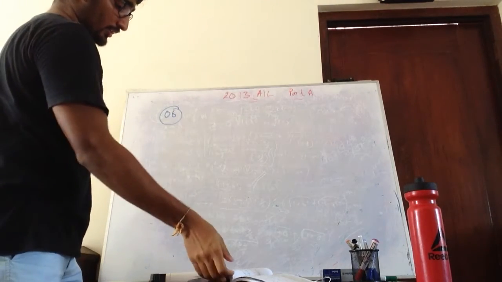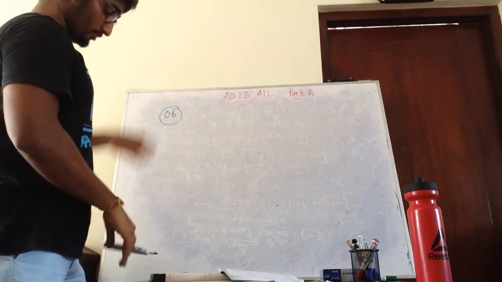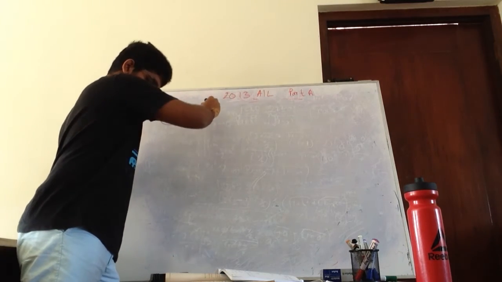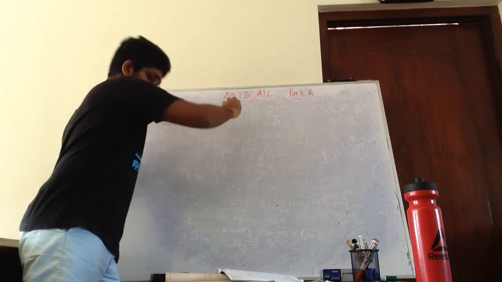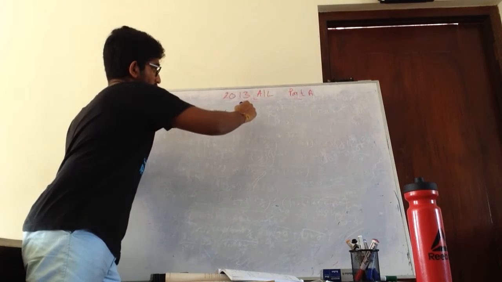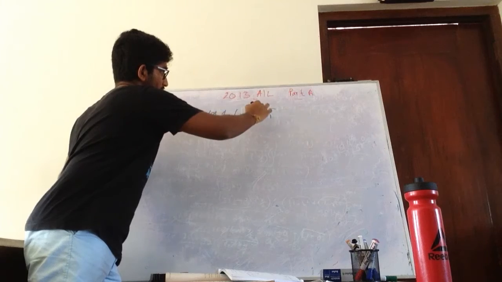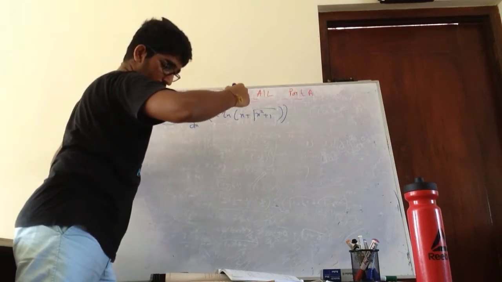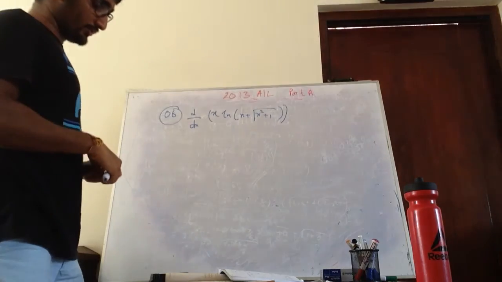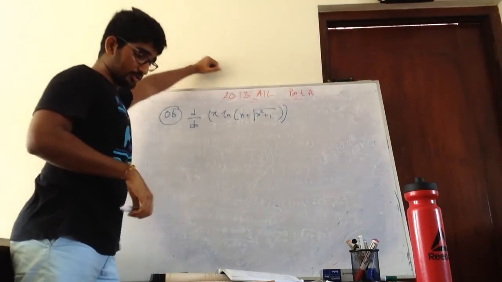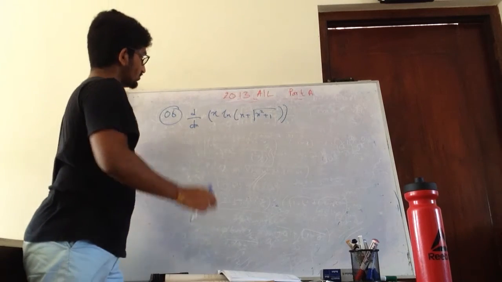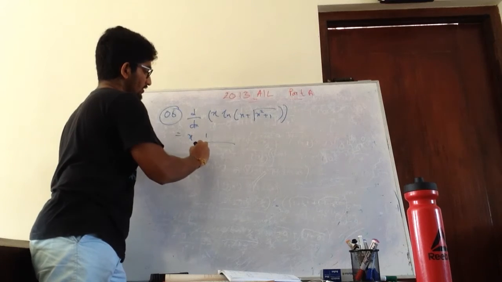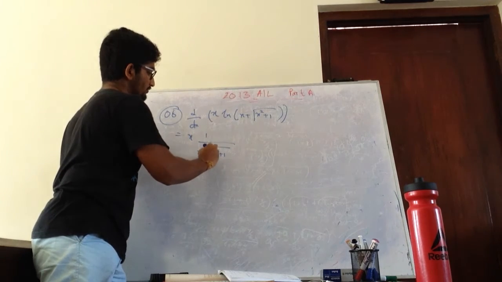So it says show that this ln x plus square root of x square plus 1 is what they have given. So let's see. Basically I'm going to differentiate this. So I'm going to differentiate this as 1 over x plus x square plus 1.